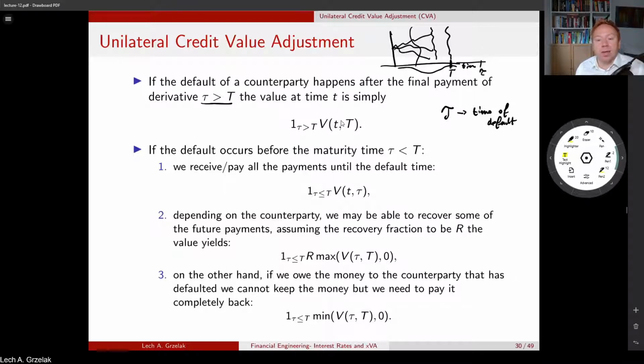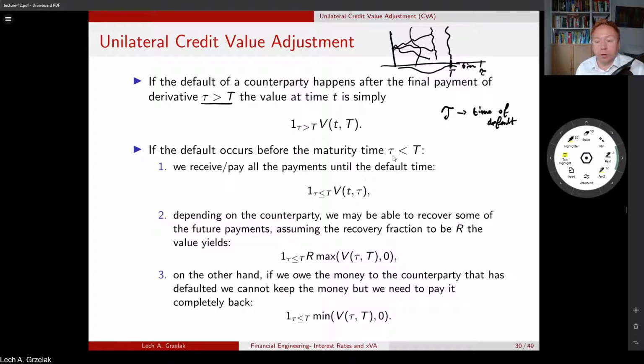That has no impact on our position or on the risk adjustment for the contract, because there is no more contract. All the payments have already been made. So if we receive or pay all the payments until the default time, this is the scenario.